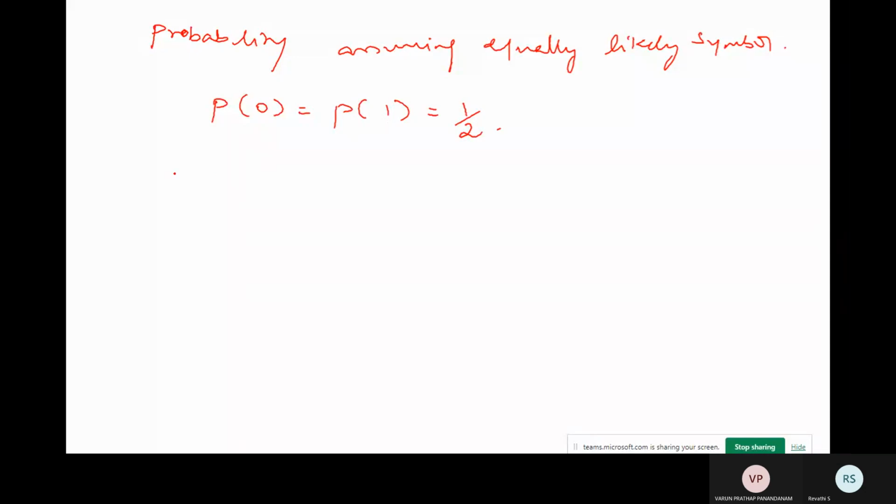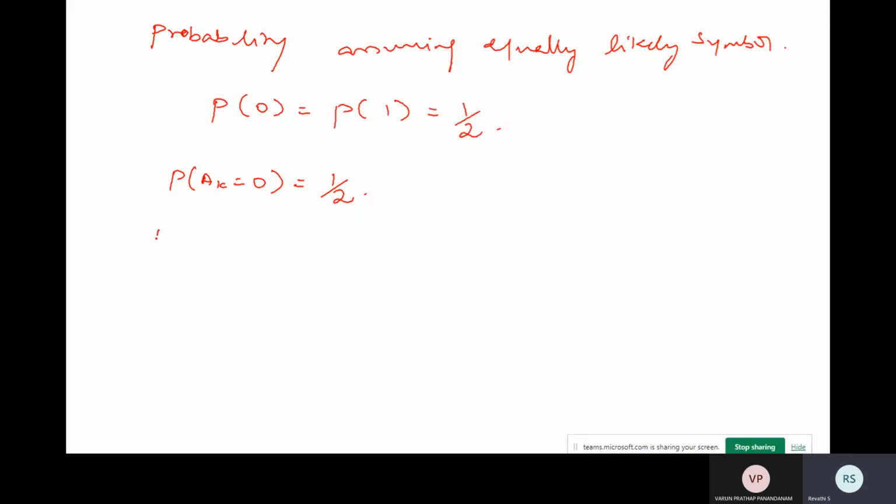Okay, so the probability of AK equal to 0 volts is 1 by 2, but when we are talking about binary one, this binary one can take two values, either it may take positive voltage or it may take negative voltage.